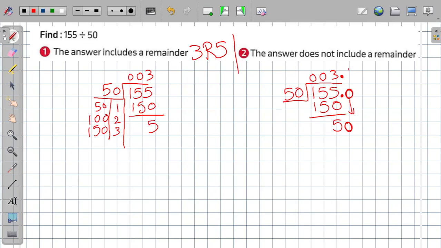So I will put 1 above the 0. So the result will be 3.1. So the result when I want the answer not to include a remainder will be 3.1. So this is our final answer.